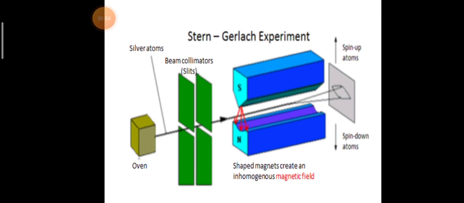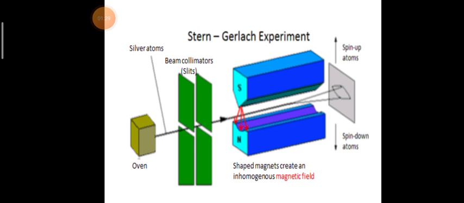The apparatus of this experiment are an electric oven, where silver atoms are heated so that they transform into gaseous state, and two slits S1 and S2 to produce a fine collimated beam of silver atoms, so that almost like a single line of silver atoms passes through the magnetic field.